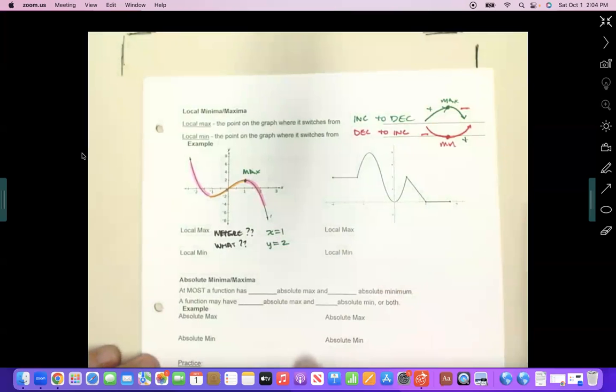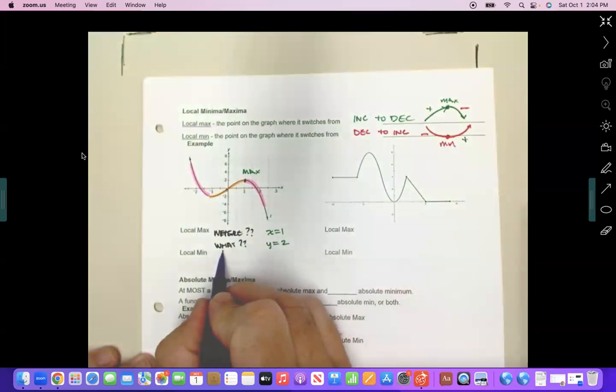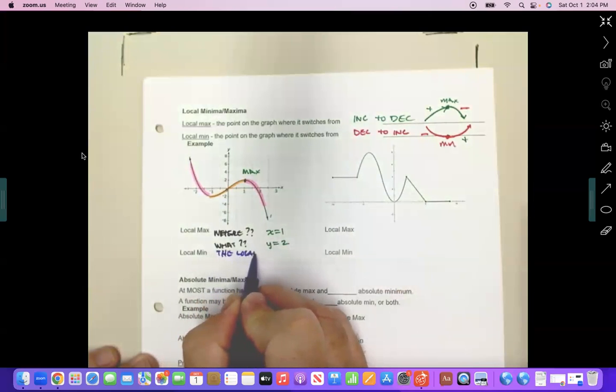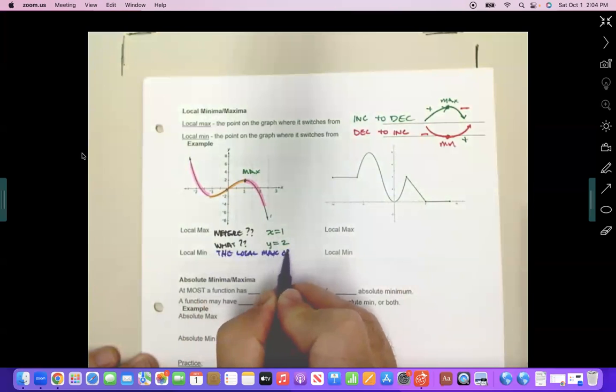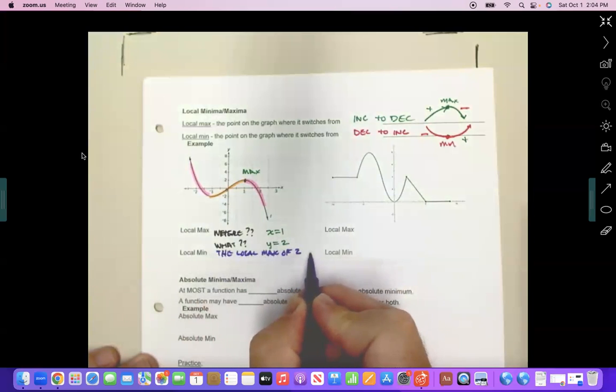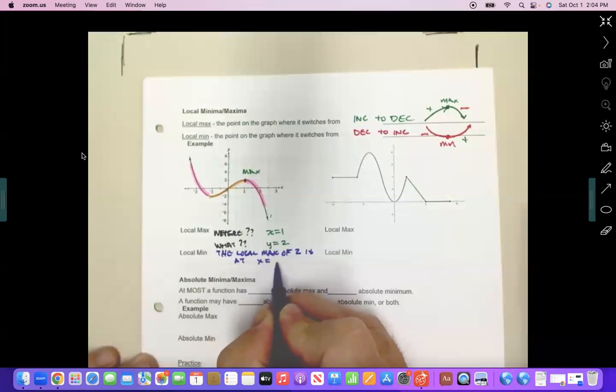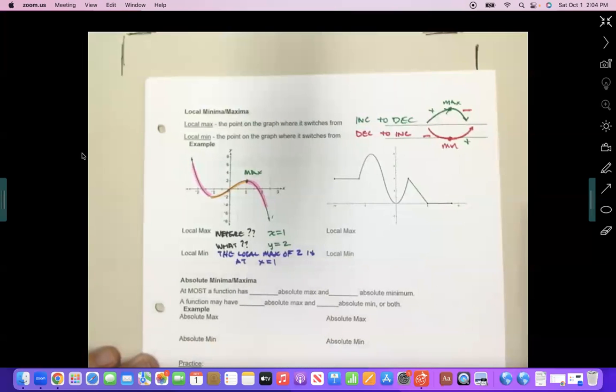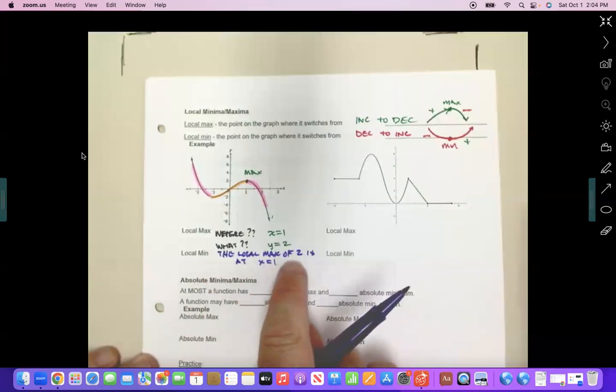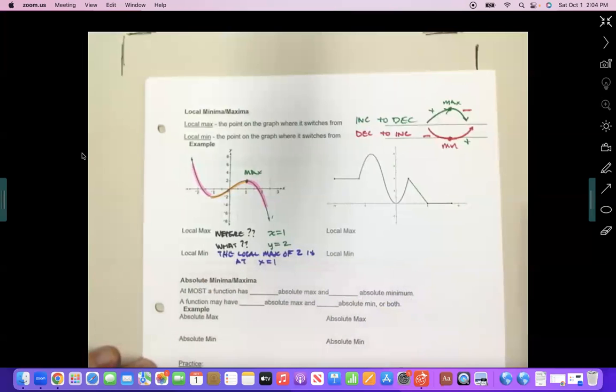So typically when we want to answer these, we'll answer this in a statement saying the local max of 2 is at x equals 1. Or you could even say local max of y equals 2 is at x equals 1.